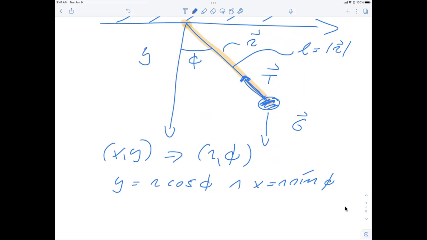Now, if you want to use the Lagrangian formalism, there's going to be a constraint here. If you want to set up a mathematical expression for the constraint, what kind of condition would you put in here? If you look at this problem, what would the constraint be on the variables? So you have phi and r. Is there a specific constraint on one of these variables?